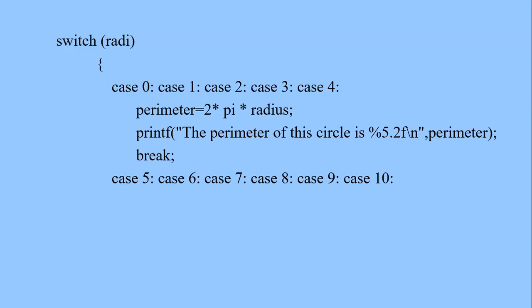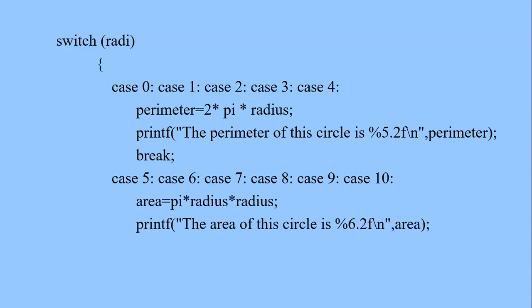So case 5, no. Case 6, no. Case 7, no. Case 8, yes. Case 9, no. Case 10, no. But because it is evaluated to 8, we execute what is under that case. So if the value in radii is either 5, 6, 7, 8, 9, or 10, the compiler or the processor will compute the area and display the area on the screen as follows and end the execution or move on to the next statement after the switch.